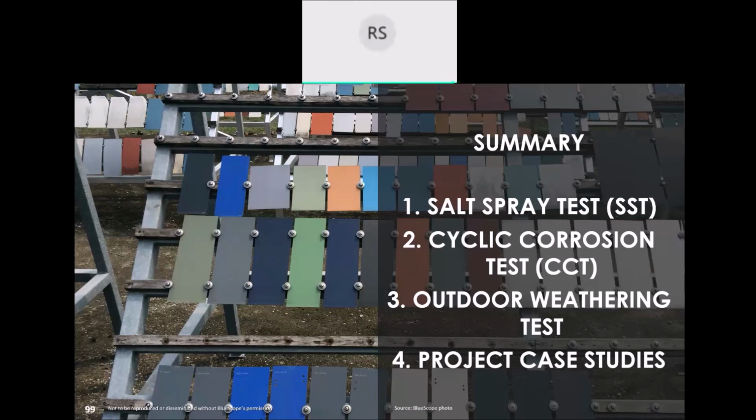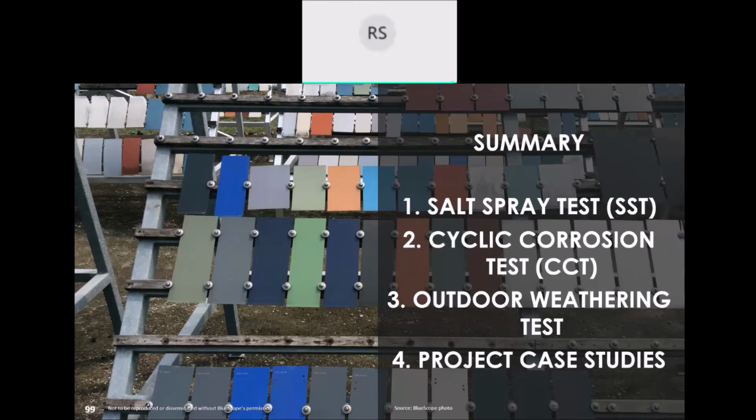Of the 4 types of tests I've mentioned, I concluded that the salt spray test is not to be referred to or compared with other types of salt spray results, because, as the standard itself has already mentioned, it's not reliable to be used as a correlation to the actual performance, right?